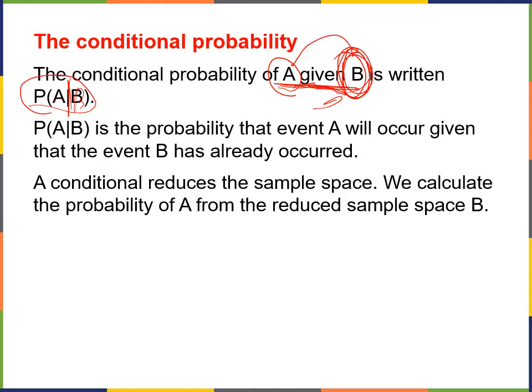So that straight line is a given or conditional probability. And again, it's the probability that A will occur given that B already occurred. It's not the probability that A happens after B could happen. You're assuming that B already happened first. And what happens lots of times is that it will reduce your sample space, because if you take the fact that B already occurred, sometimes you have to remove that from your original sample space.